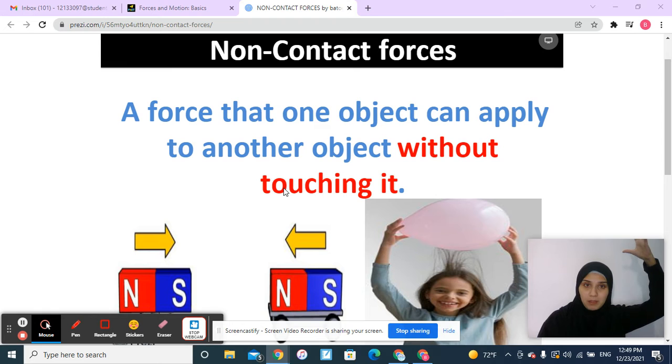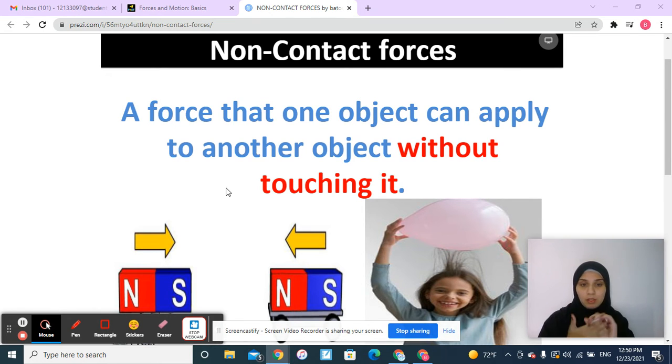So if you place the balloon near your head at a distance, not in contact, you can notice that the hair will be attracted to the balloon. This indicates that it can act by a distance and it's a non-contact force. So electric force is also a non-contact force. So we have now three: weight, electric force, and magnetic force.